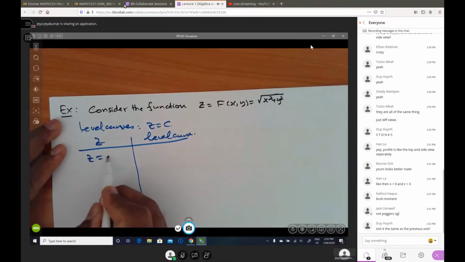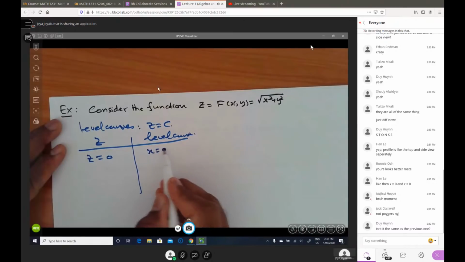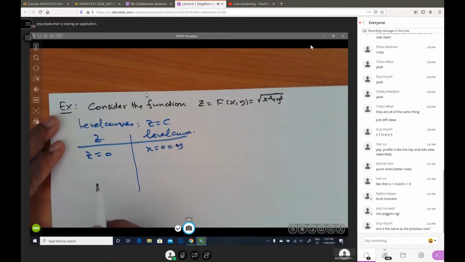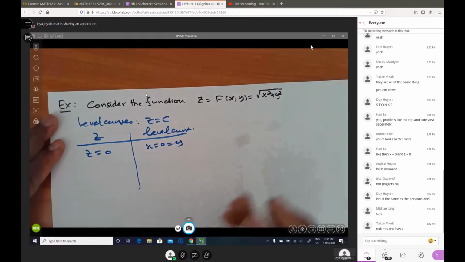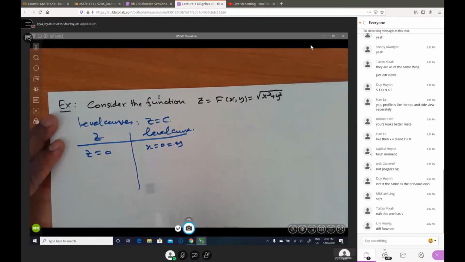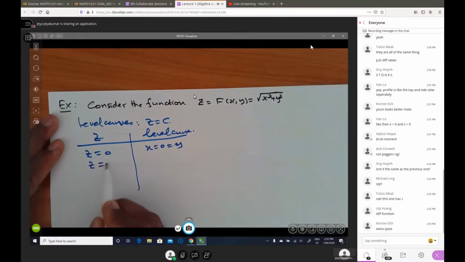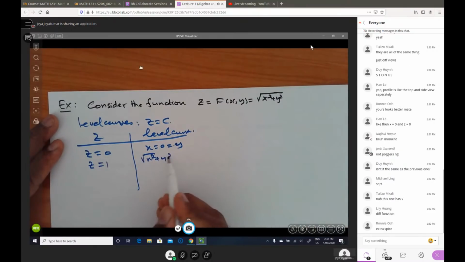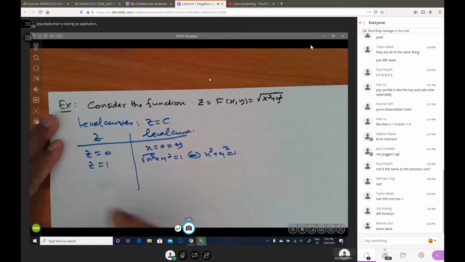So again, z equals 0 means x equals 0 and y equals 0. It's not the same. You will see the difference here when you look at the profile. And z equals 1, again, the radius: x squared plus y squared is 1. It's a circle.